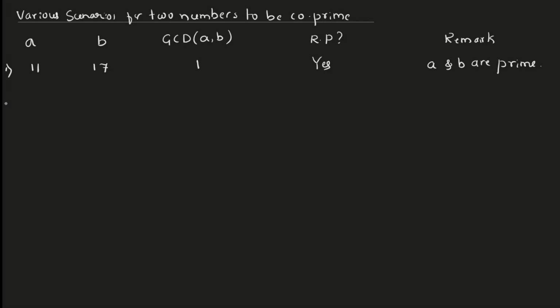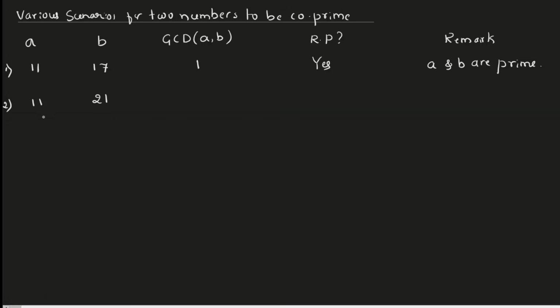Next, we'll take another example. From this, can you say that for two numbers to be relatively prime, both must be prime? We'll check by taking a composite number. We'll keep A as 11 only and take 21. The divisors of 21 are 1, 3, 7 and 21, so it's a composite number.